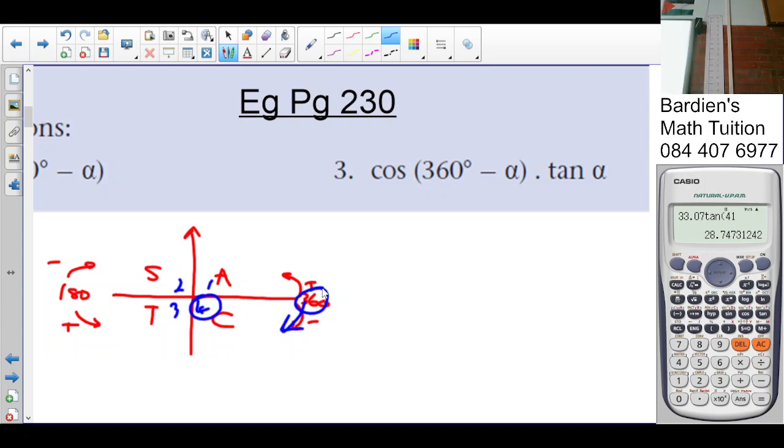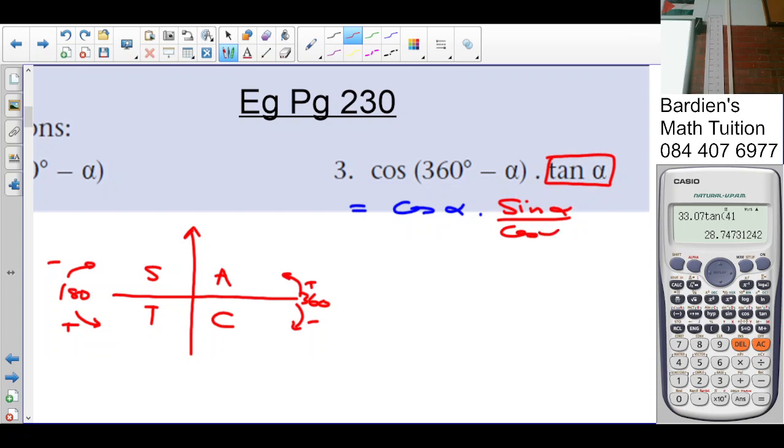So cos of 360 minus alpha: is cos positive or negative in the fourth quadrant? Positive. So you write here cos alpha times tan alpha. But what can happen there? Nothing. So we will change tan to sin alpha over cos alpha.